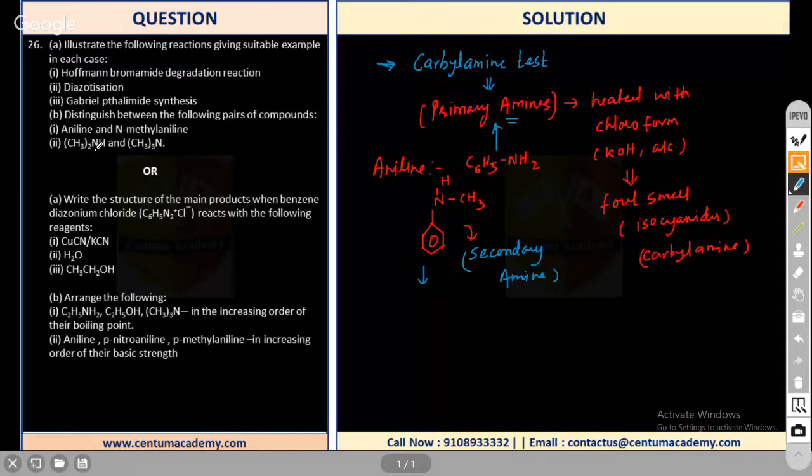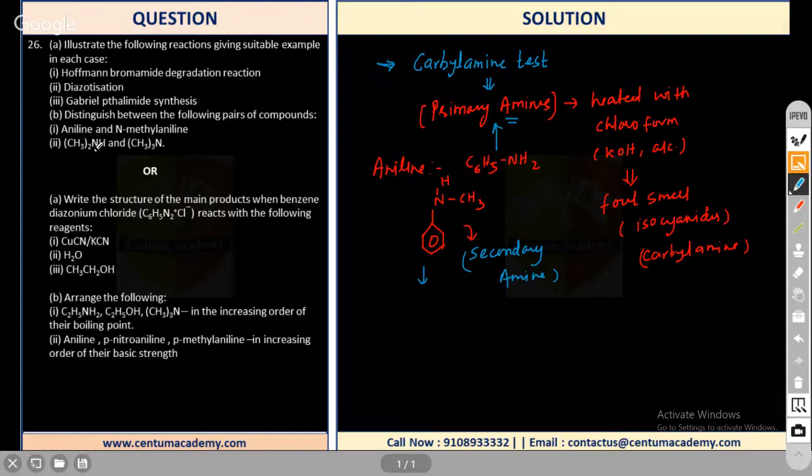And what do we get in this reaction in the Hinsberg test? What is the Hinsberg reagent? Can you tell me? Benzene sulfonyl chloride is the Hinsberg reagent and it forms benzene sulfonamide.